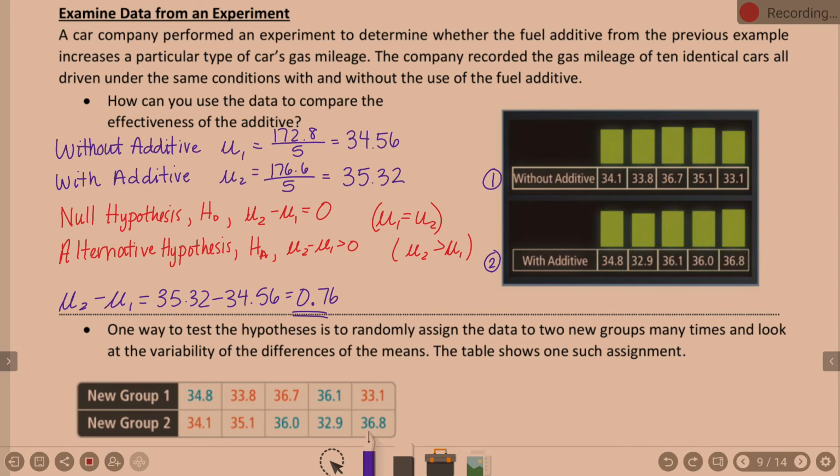What is it due to? That's the question we have to consider as we move forward. Is this due to the additive or random variation?